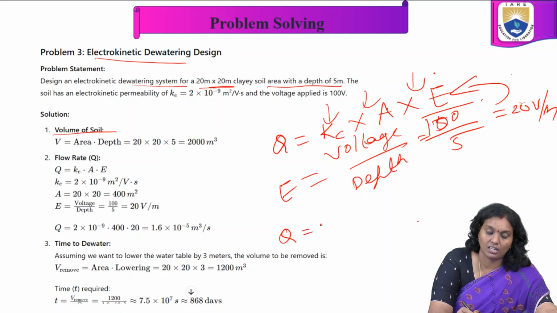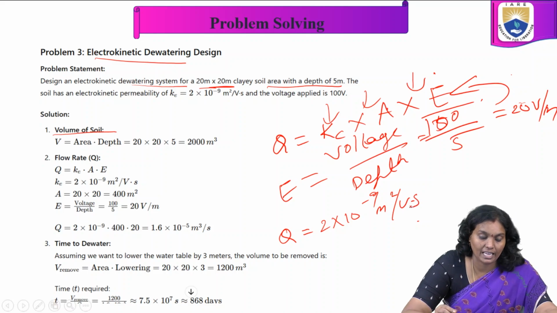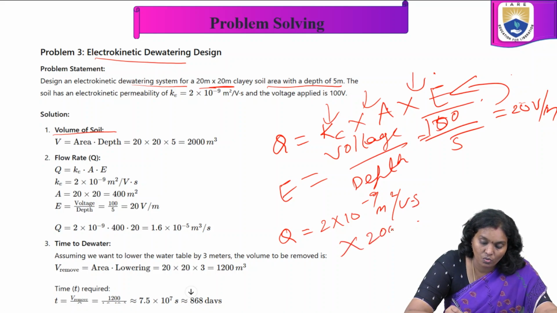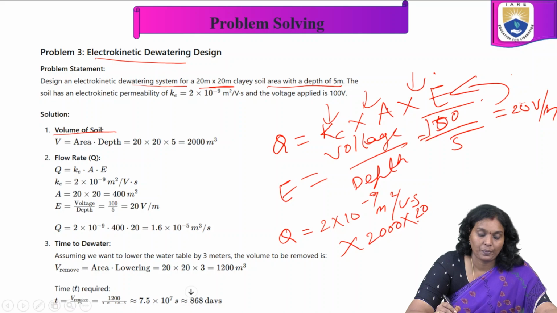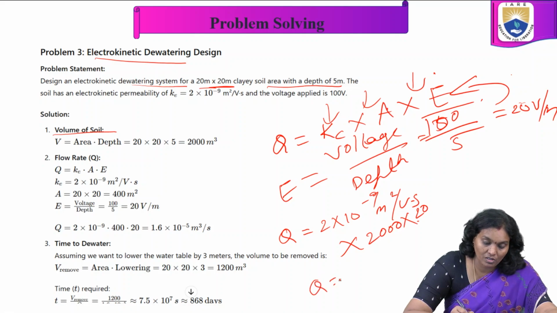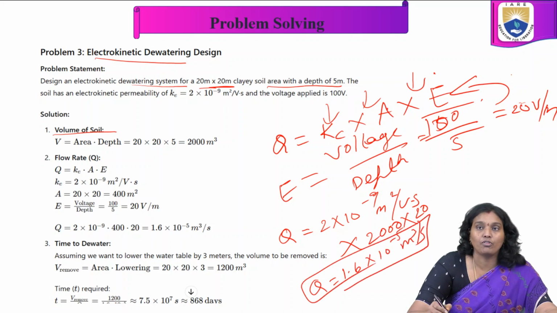So Q is equal to 2 into 10 to the power of minus 9 meter square per volt per second, multiplied by area, that is equal to 2000 meter cube, and also the voltage per depth is equal to 20 volts per meter. So finally Q is equal to 1.6 into 10 to the power of minus 5 meter cube per second. This is the flow rate.